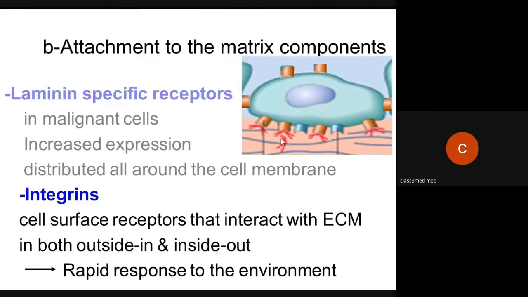So they are important for the rapid response of the cell to changes in the extracellular matrix. In metastasizing tumor cells, the integrins are expressed. So there is increased expression of the laminin-specific receptors and of the integrins.